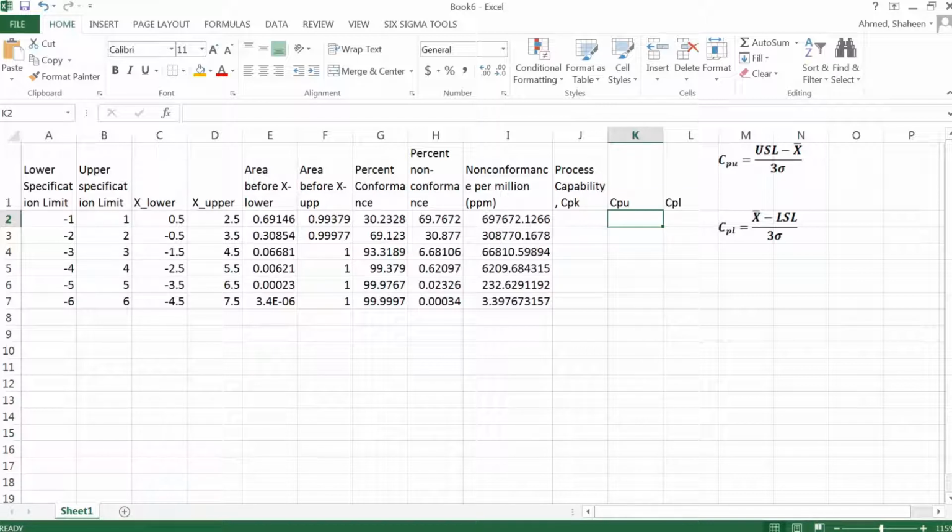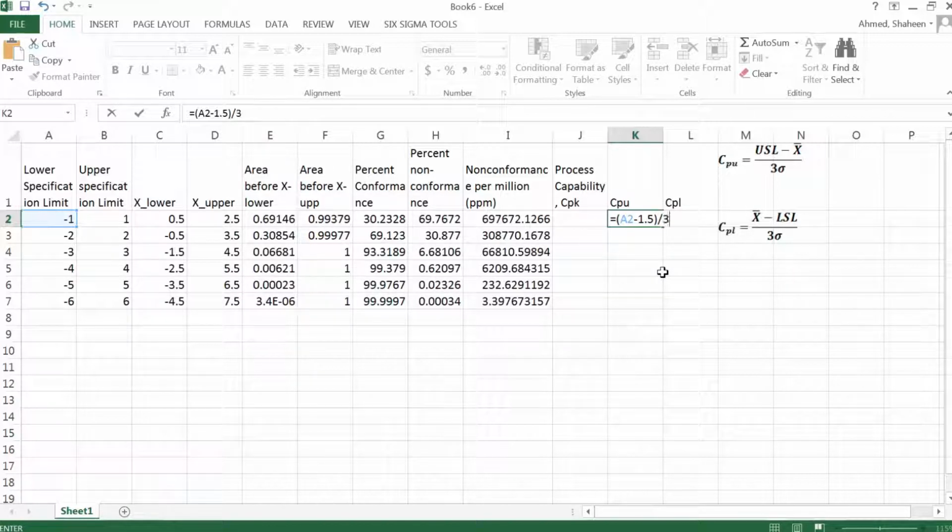So my spec limit is still the same. So let's calculate that CPU, which is spec limit minus the mean. Now right now my mean, you see that X bar, that's my sample, that's my new distribution. So that new distribution has a mean of 1.5 sigma divided by 3 sigma.